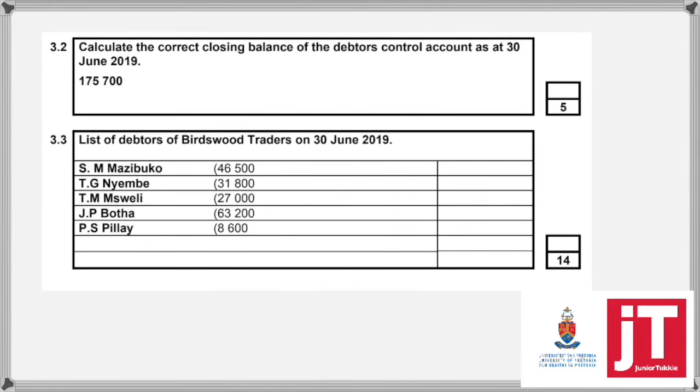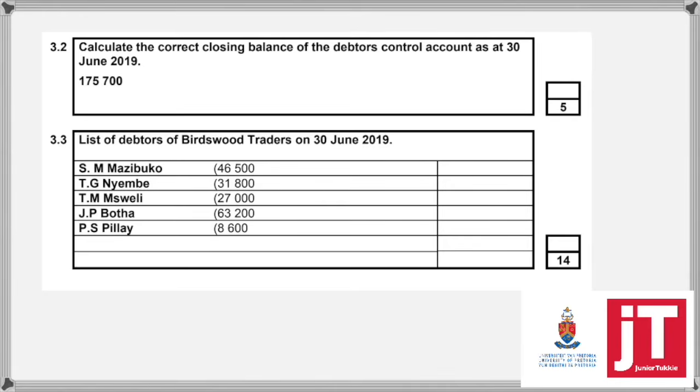Now, looking at the next 2 questions. 3.2 says calculate the correct closing balance, and then 3.3 is the list of debtors of Birdswood Traders. When you approach an exam, don't answer question by question, because we need to look at the same information, list of transactions, that we need to take to either the debtors control account or to the list or to both.